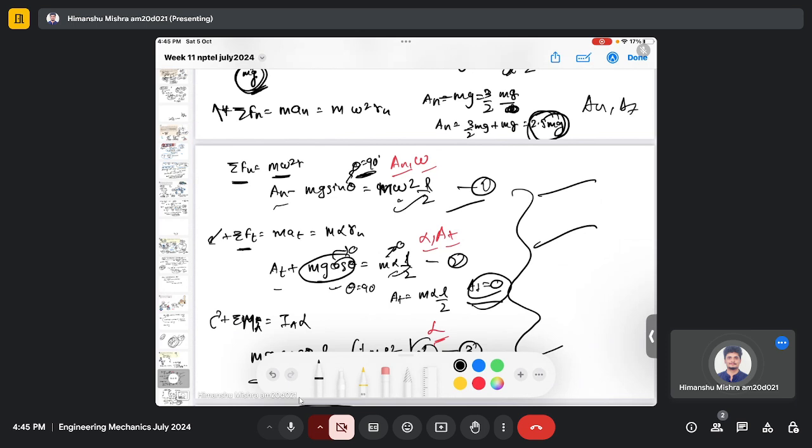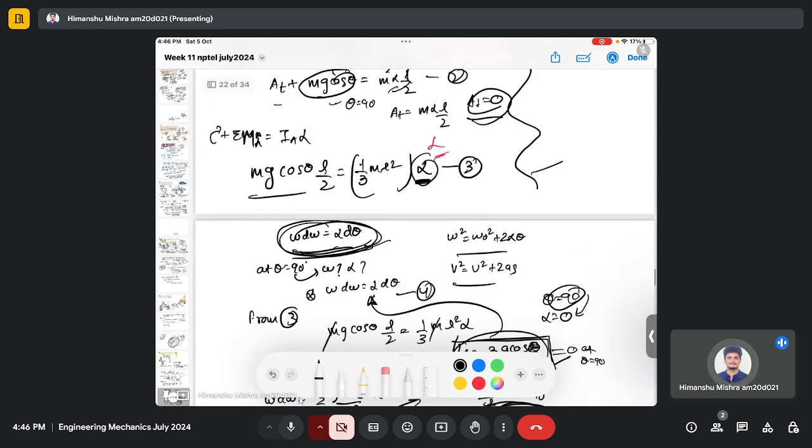So in case you have more unknowns than the three equations obtained from force balance and moment balance, you can use the kinematics equation as a fourth equation to calculate the unknowns. And just note that there are multiple kinematics equations, so you have to judge which equation you need to use. Here I used omega d omega equals alpha d theta, but there are two other kinematics equations as well.